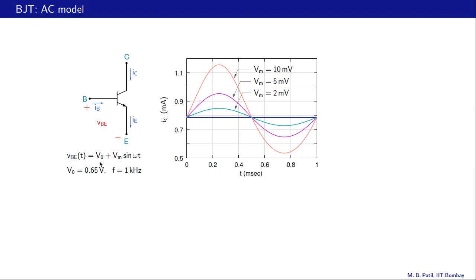So just V0 constant, and that's why the collector current is also a constant. If we apply VBE equal to the same constant plus Vm sin omega t with Vm equal to 2 millivolts, this is what we get. If we increase that amplitude Vm to 5 millivolts, this is what we get. And if we increase it further to 10 millivolts, this is what we get.